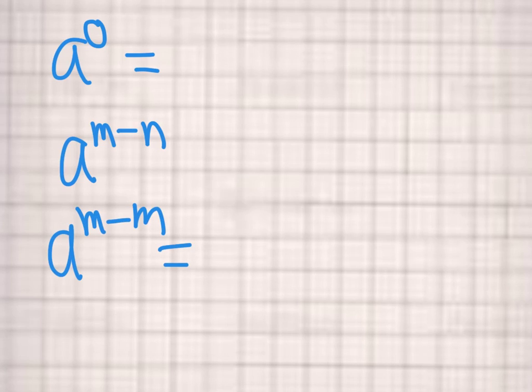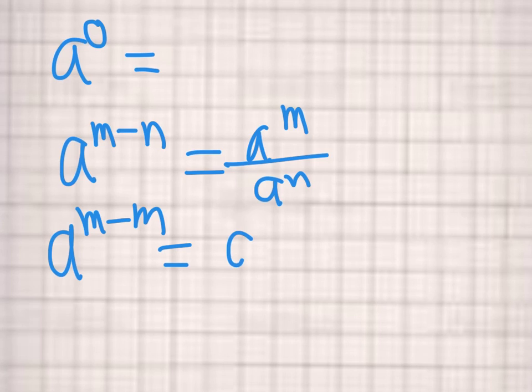What does that give me? Well, m minus m equals 0. But you recall that when I had a to the power m over a to the power n, I could write it as a to the power m minus n, right? So therefore, if I follow the same pattern, I can write a to the power m minus m as a to the power m over a to the power m.